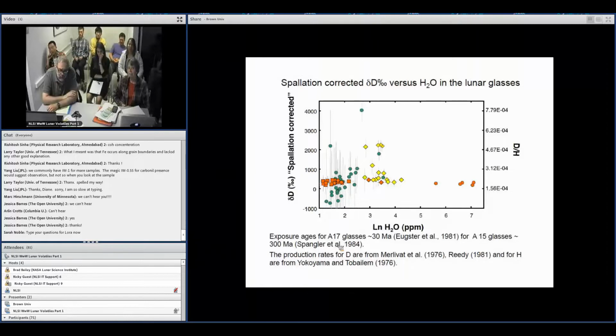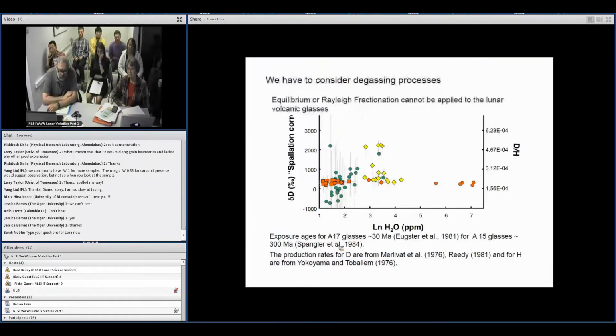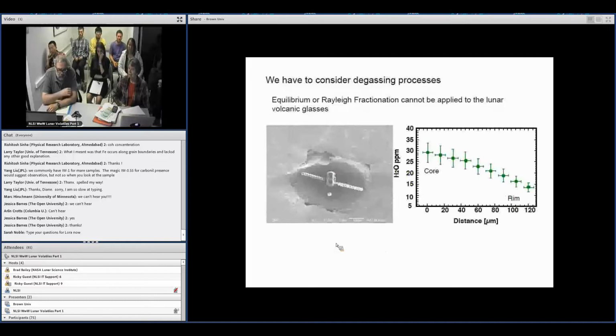This was done just by taking the exposure ages for the Apollo 17 glasses of 30 million years from Oyster, and for the Apollo 15 glasses, 300 million years from Spangler. Then we used the production rates for deuterium from Merlivat, 1976, and the experimental data from Reedy, 1981, and for hydrogen, the data from Yokoyama and Covalent, 1976.